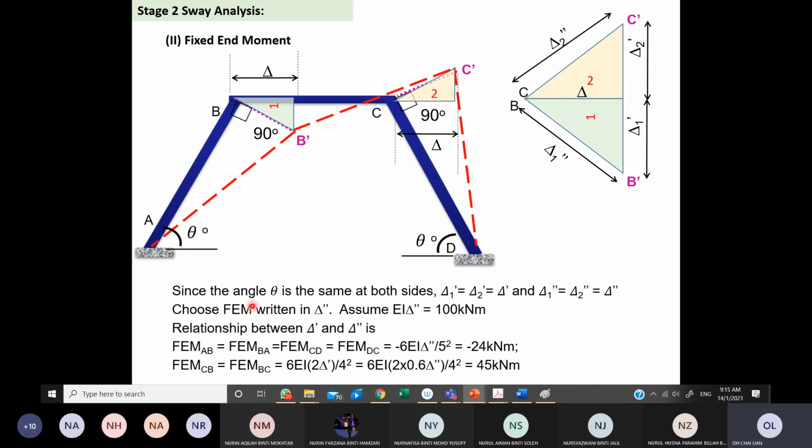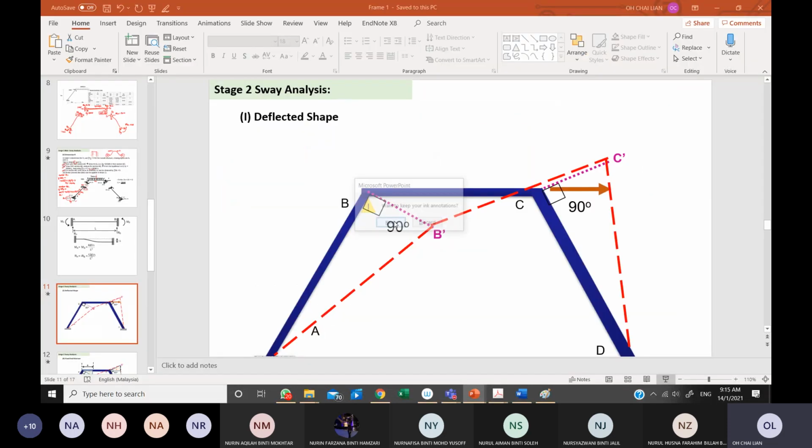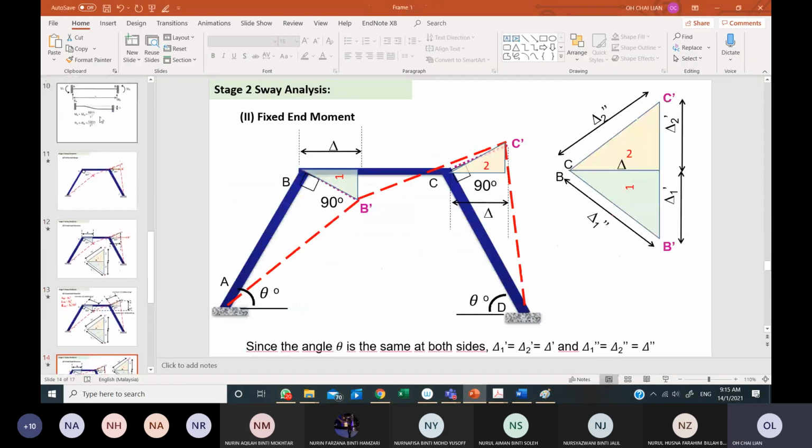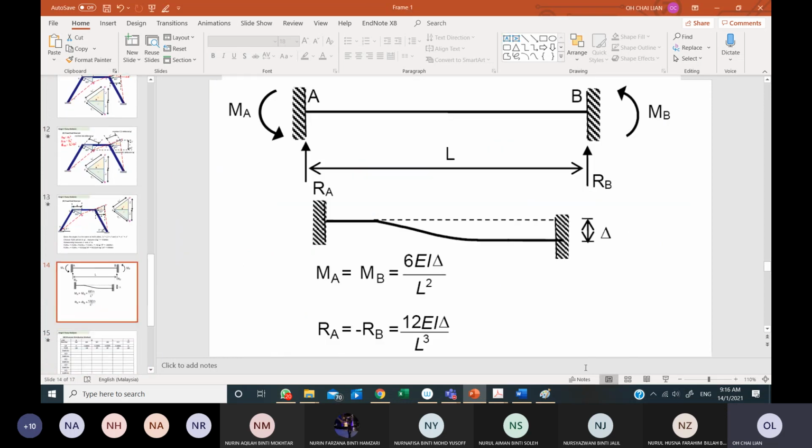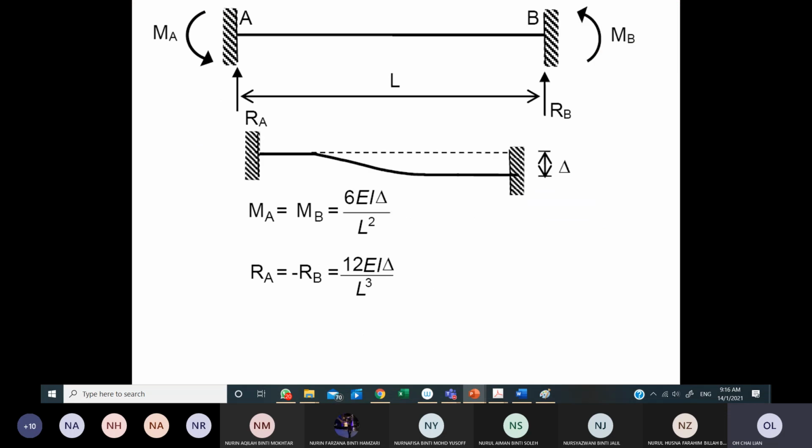If you follow my lesson earlier, we need to write the fixed moment in terms of delta. My equations are here. If you look at these equations, we are going to determine the fixed moment by using this equation, 6EI delta.